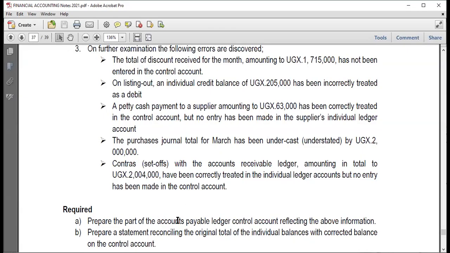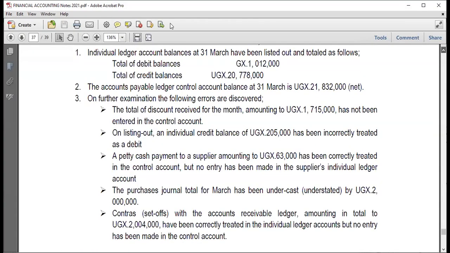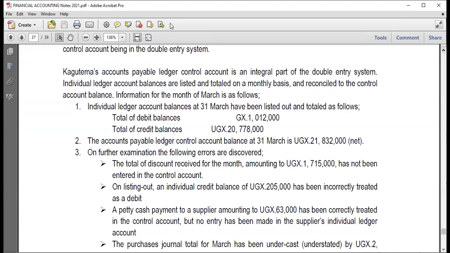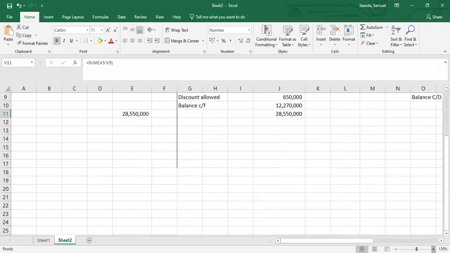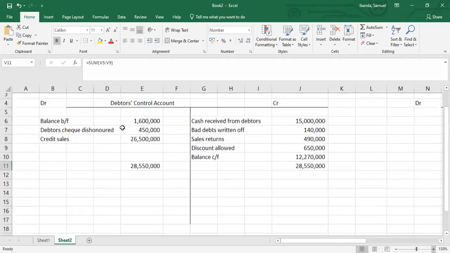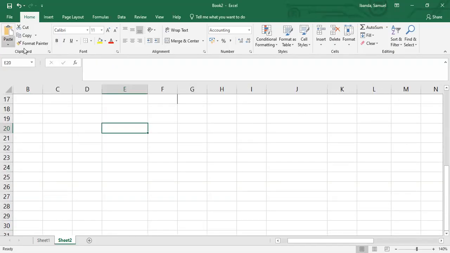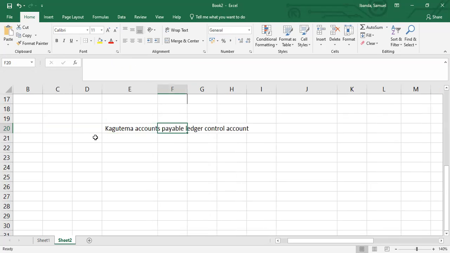So let's first do the first one. They want us to draw up the accounts payable ledger control account. And this is for Kagutema, okay? So what we shall do, this is Kagutema's control account.